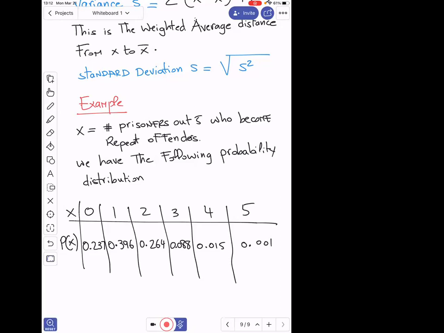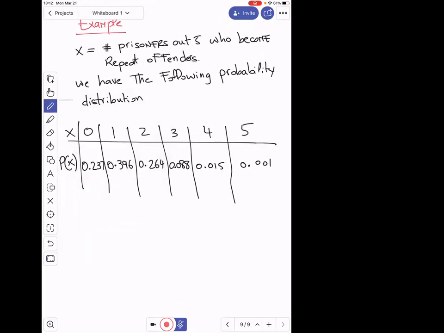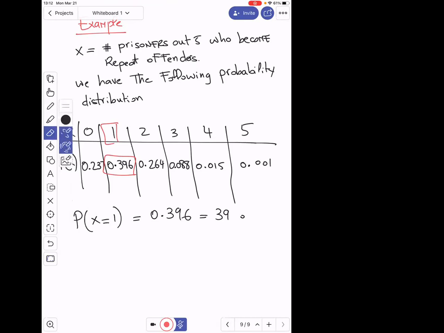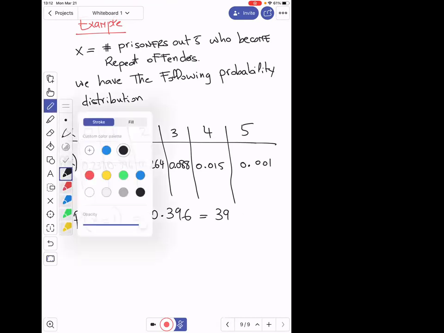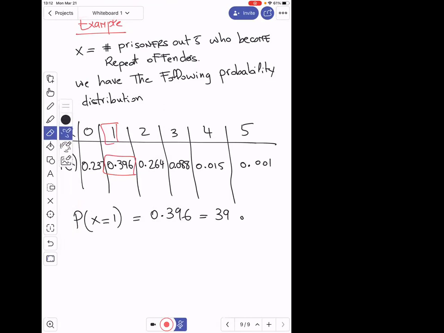So for example, what I'm saying here is that the probability that X is 1 is 0.396, which converted into percentage, multiplied by 100, is 39.6%.